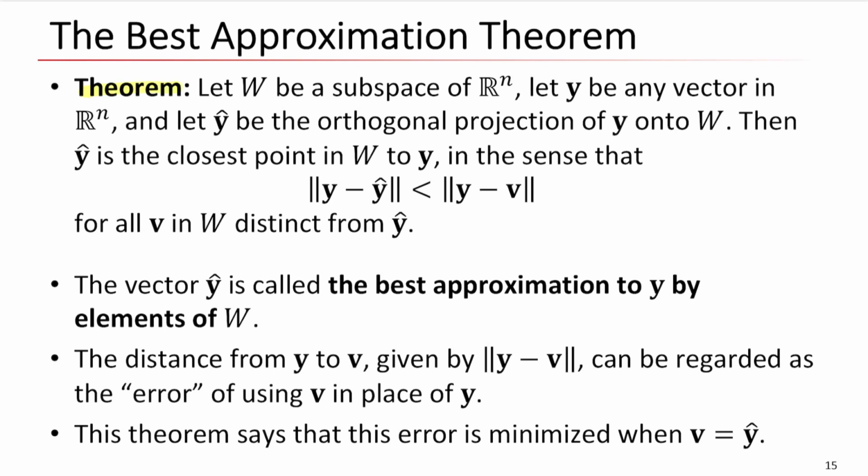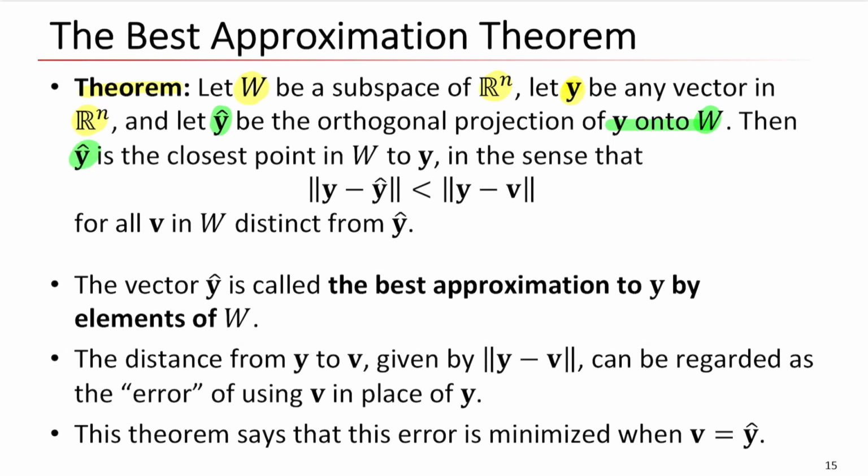Okay, here is the theorem. Let's say we have a subspace W in R^n, and vector y is any vector in R^n, and y hat is the orthogonal projection of y onto W, right?